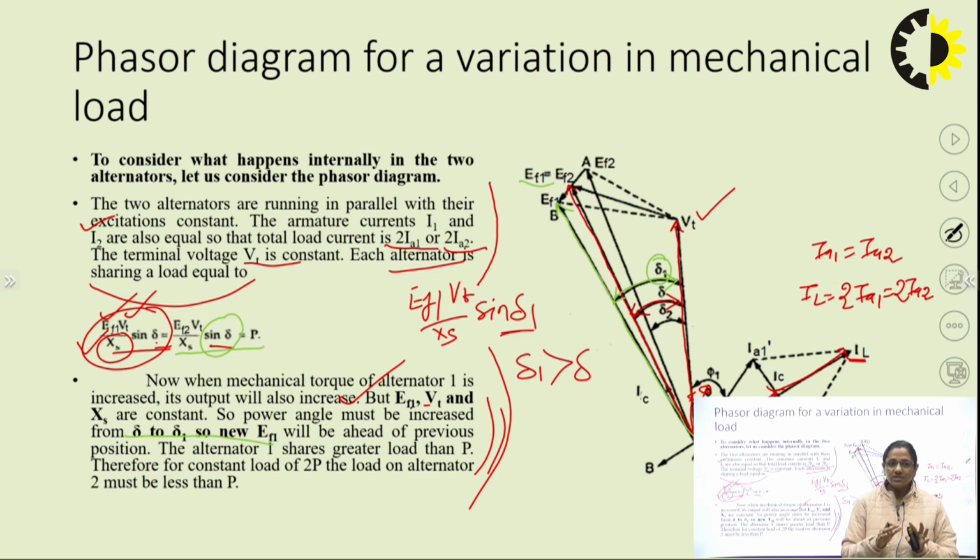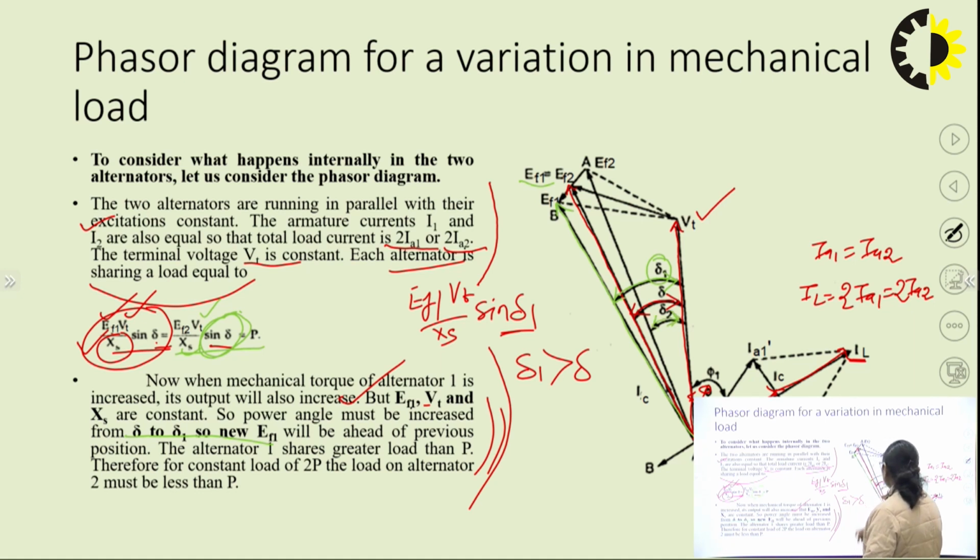The induced EMF magnitude, or excitation EMF magnitude EF, will remain constant. Terminal voltage Vt is constant, Xs is constant. So, the only possibility is a reduction in the term sine delta. So, there must be a reduction in the load angle delta for the second alternator. The new load angle for the second alternator must be less than its previous value.